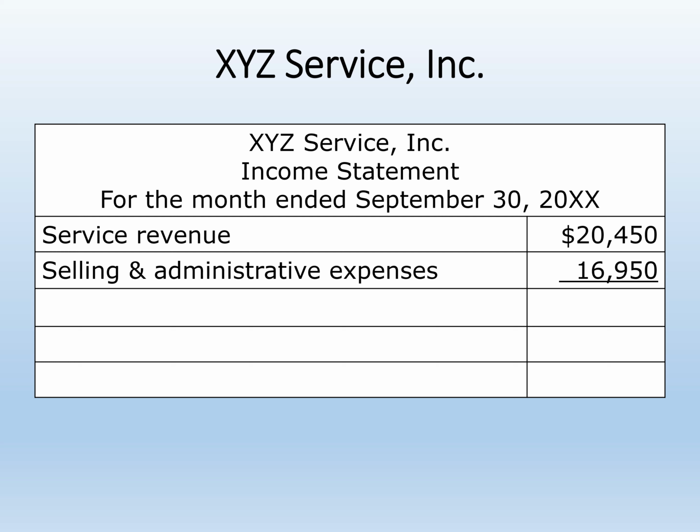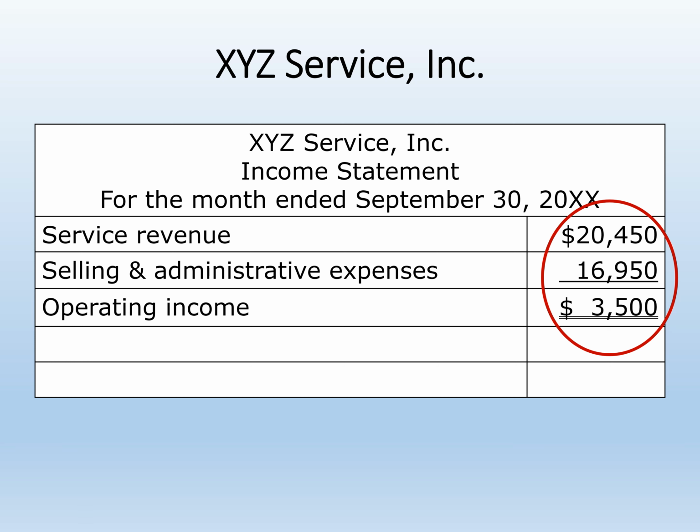In a different problem, you might be given a list of these expenses, and you'd have to list each one and then add them up to find the total. Once you have the total selling and administrative expenses, you subtract that amount from the service revenue, and that gives you a number. That number is called operating income, the income that comes from the firm's regular business operations.